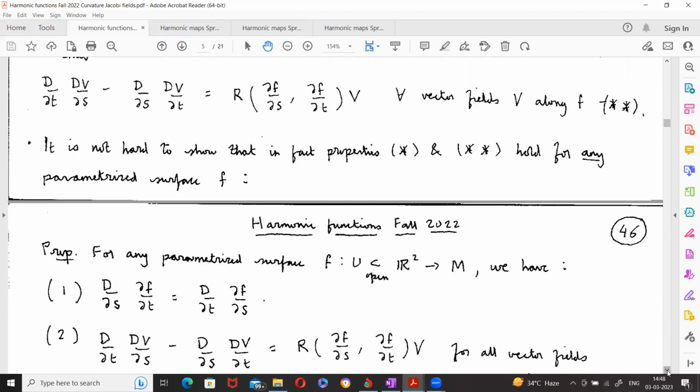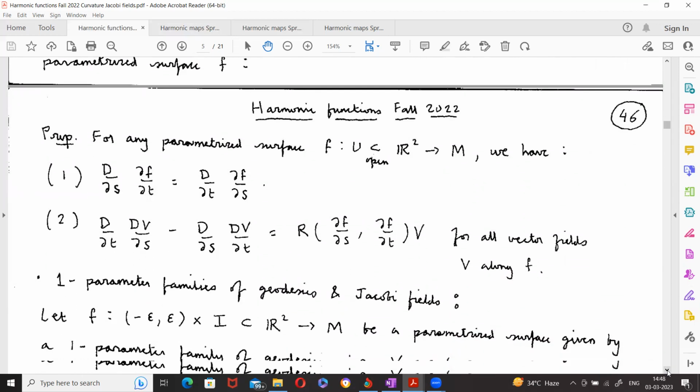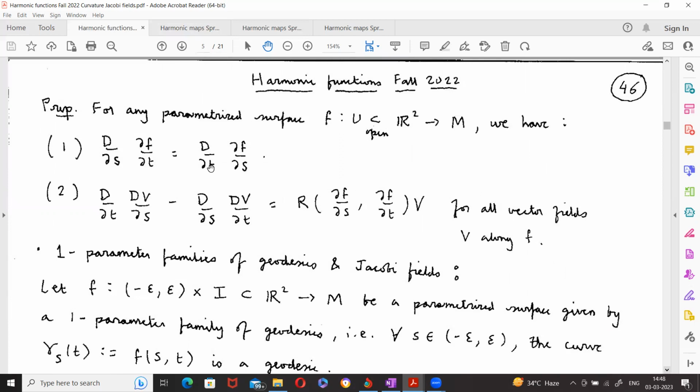But what I'm saying is that these two properties hold anyway for any parametrized surface, whether or not the map is an embedding. So you don't need to assume it's an embedding. All right. I see. Okay.